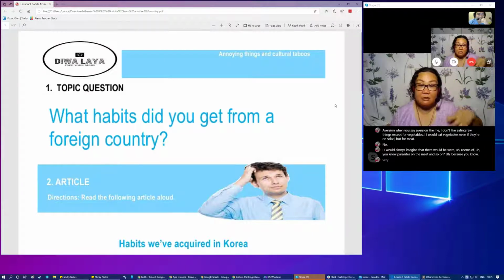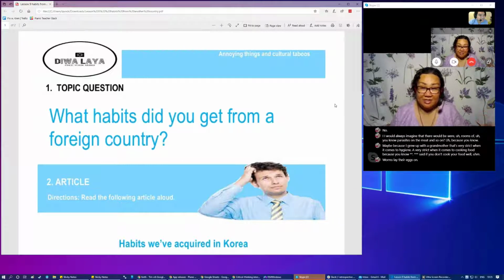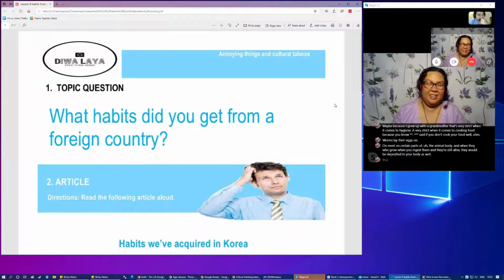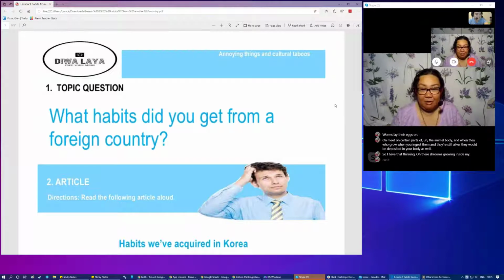She said if you don't cook your food well, worms lay their eggs on certain parts of the animal body. And when you ingest them while they're still alive, they would be deposited in your body as well. So I have that thinking that there are worms growing inside my body. So I just can't eat anything that's raw.